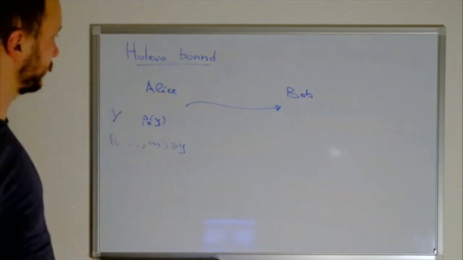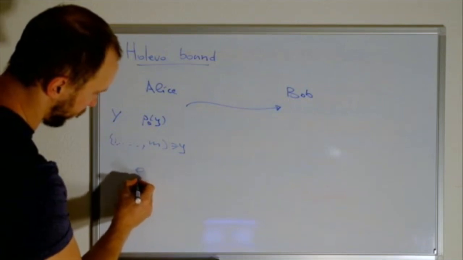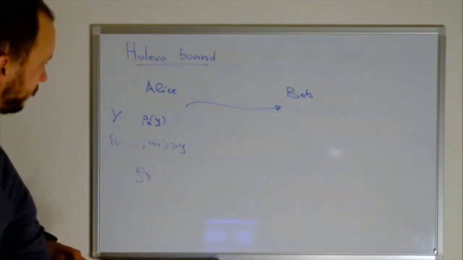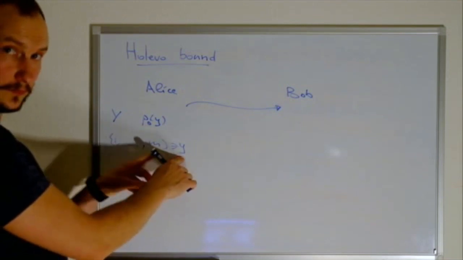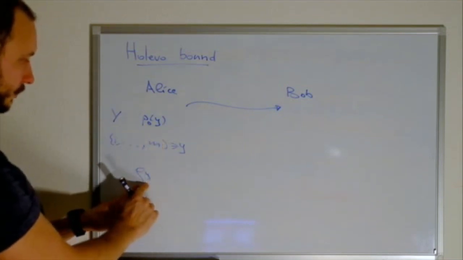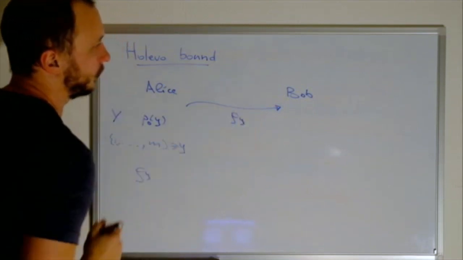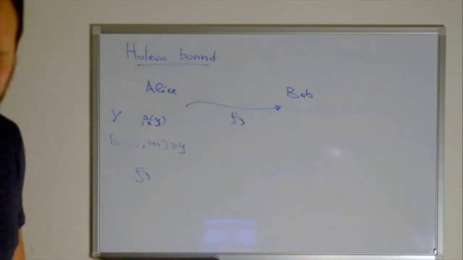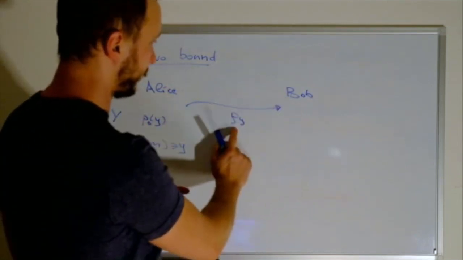Now Alice wants to send this message to Bob, and to do so, she encodes the quantum state, rho y, right? So she takes this value y from this alphabet with this distribution, and she encodes it in the quantum state. And then she transmits the quantum state to Bob, okay? Now Bob receives some state.